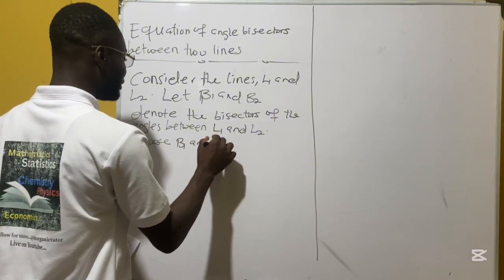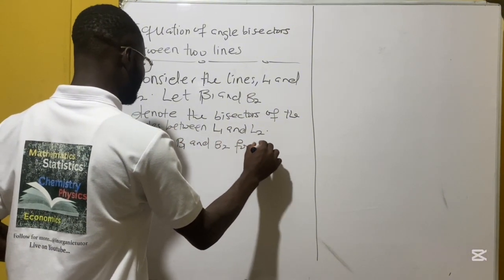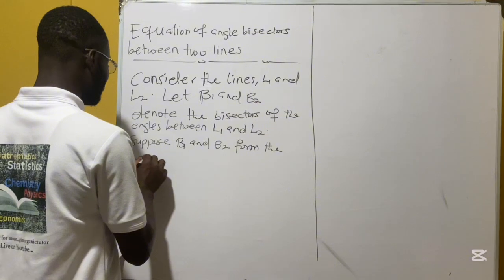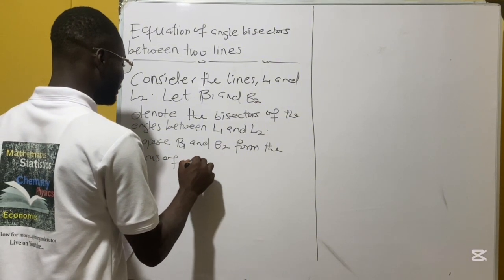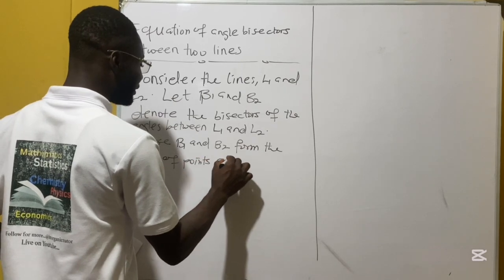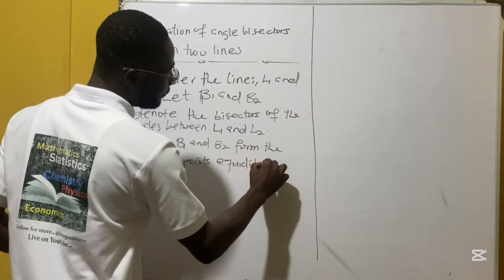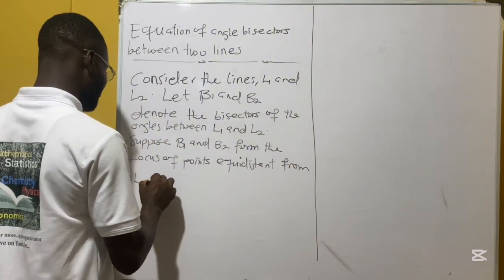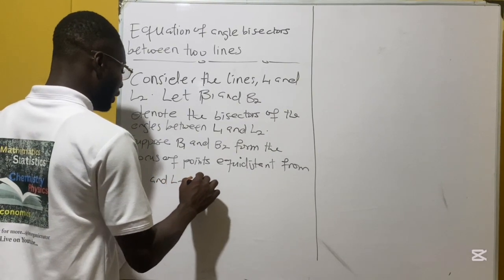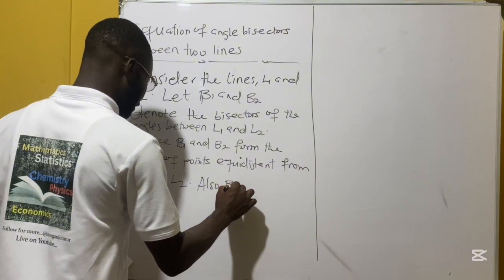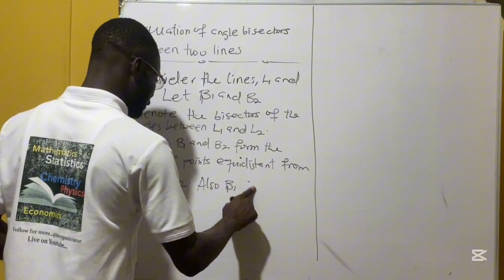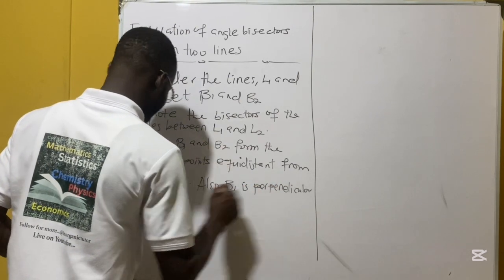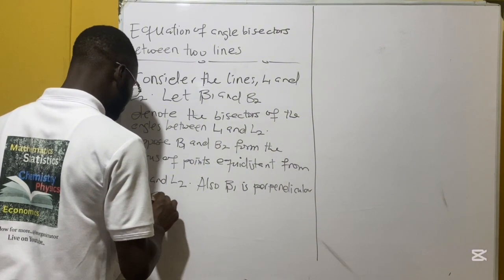So suppose B1 and B2 form what we call the locus of points equidistant from L1 and L2, and also B1 is perpendicular to B2.